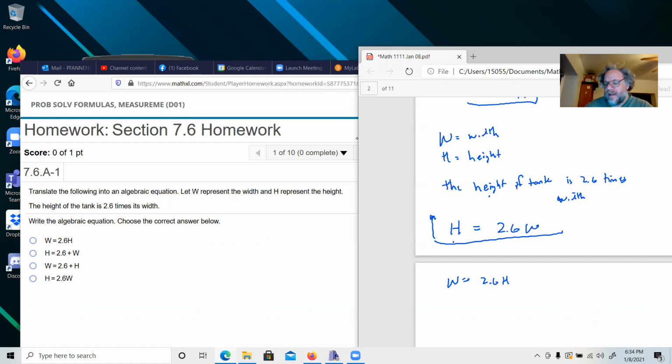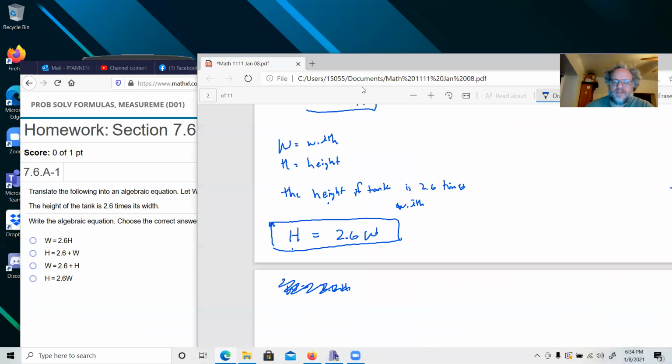All right. Now you might see these and say, oh, this one was so easy. But for some people, and I include myself in this population, unraveling this stuff is not always the easiest thing. So if it's helpful to say, well, if the height is 2 times the width, if my width is equal to 2, then my height should be what? I'm going to take 2.6 times 2.